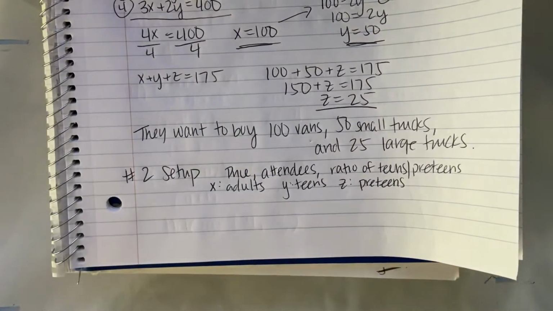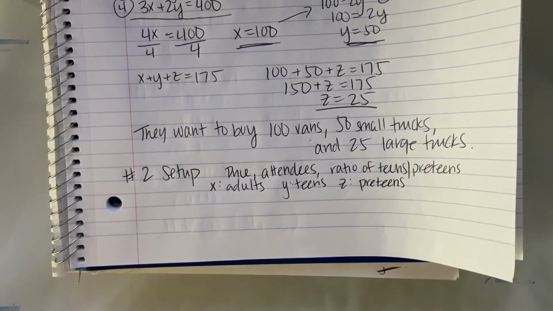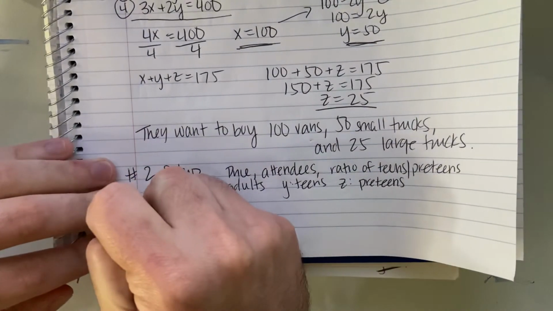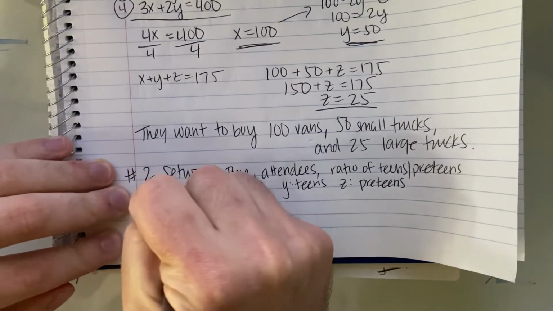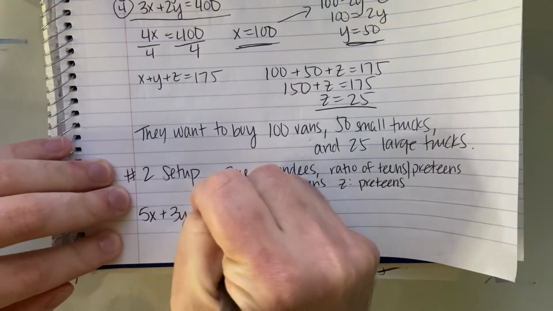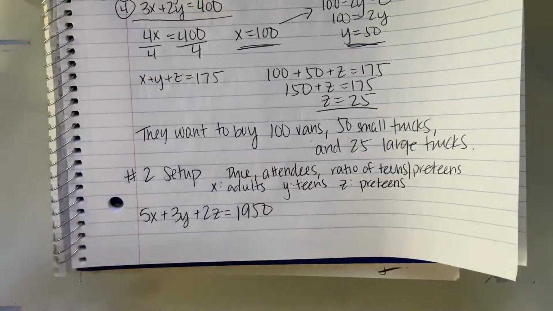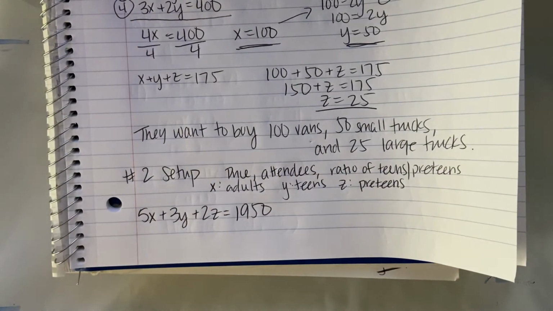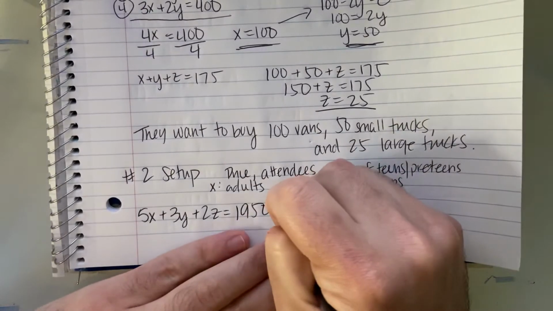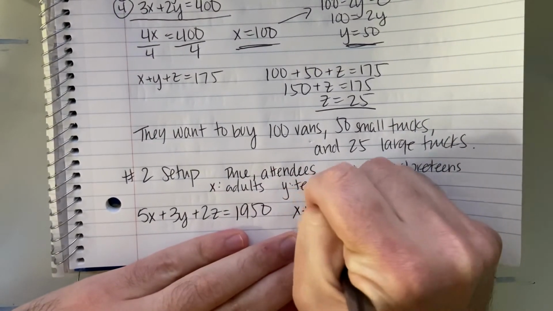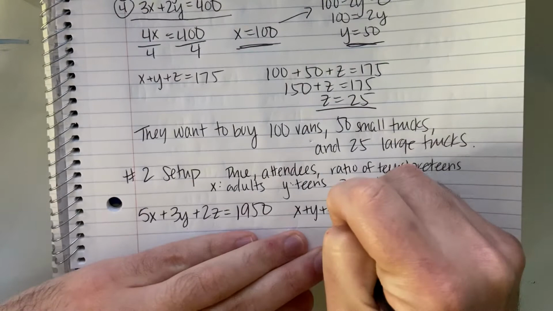So let's talk about the price. Every adult paid $5, teenagers $3, and preteens $2. So 5X plus 3Y plus 2Z equals the total price for the concert, which was $19.50. Also, we know the total number of attendees was 570, so that's just X plus Y plus Z, because everyone counts as one attendee.